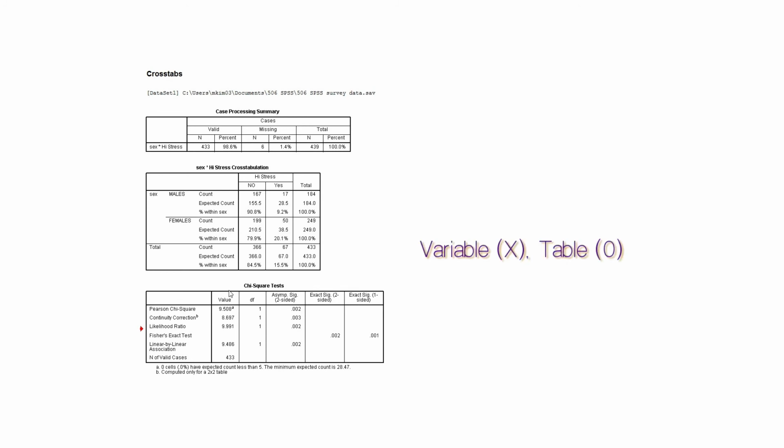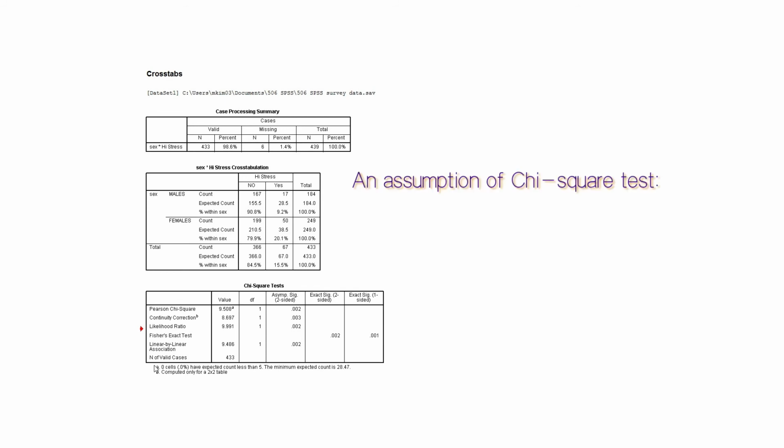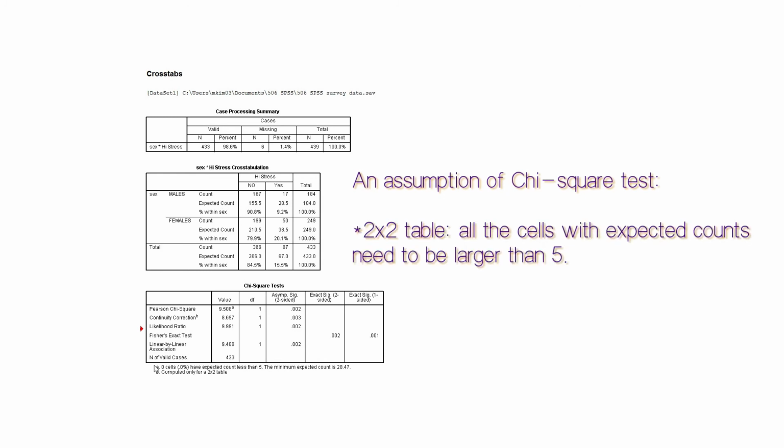In this table, the first thing you should check is at the bottom of the table. At the bottom, you can see a sentence, and it says 0 cells have expected counts less than 5. Is this good or bad? Actually, this is good. This is related to one of the assumptions to be met in order to use chi-square statistics. So, for a 2x2 table, all the cells with expected counts need to be larger than 5.